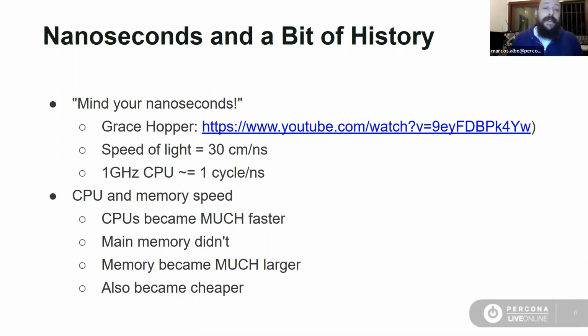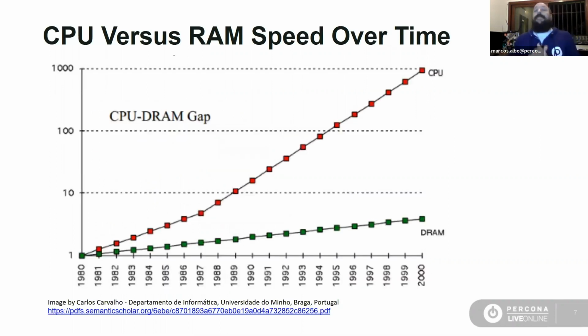And so computers are limited by that. That's why we have to mind our nanoseconds, because every operation we do takes time, and so we have to be cautious and save our operations and our nanoseconds.